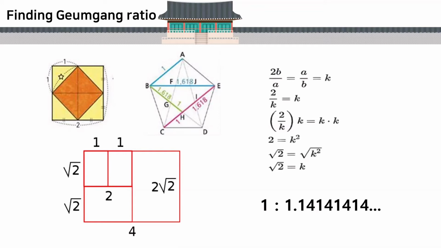And the 금강 ratio is a composition of an 8-angle isosceles triangle, and the golden ratio is the ratio of the length of one side of a regular pentagon to the length of the diagonal line. And the 금강 ratio has a feature that double of them become themselves again.